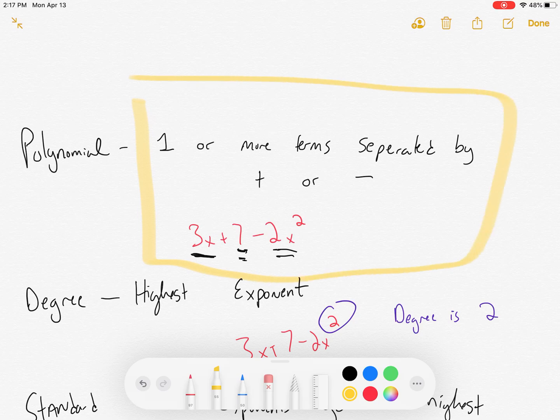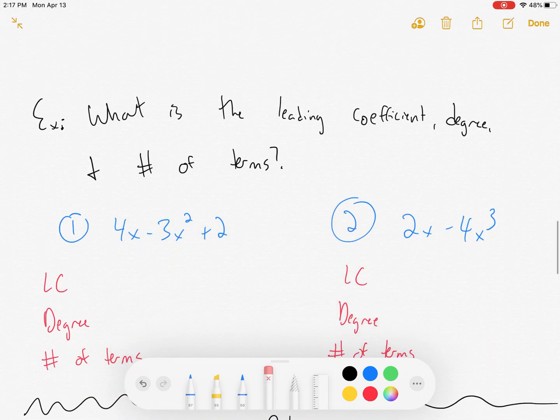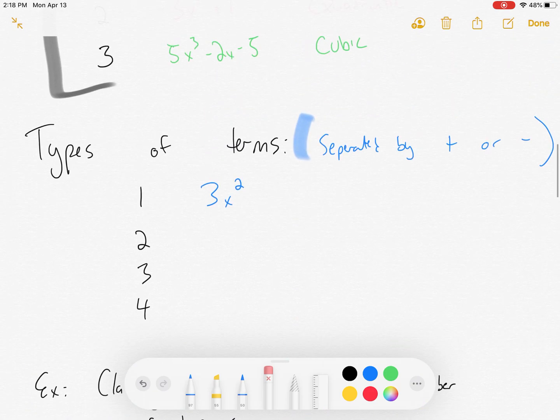So right here, there are 3 terms, because there's 3 things that are separated by the plus minus. There is 1, 2, 3 different terms there. If we go back down to where we were originally, there is no plus minus sign, so there's only one term. This is called a monomial. Mono means 1.